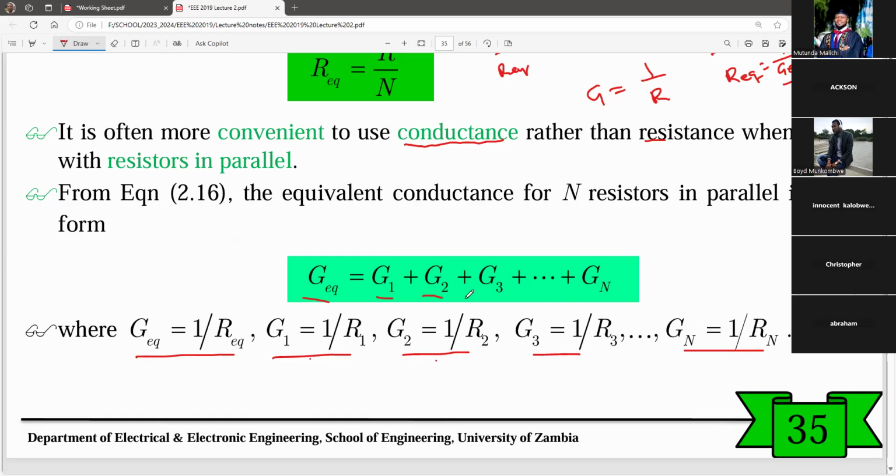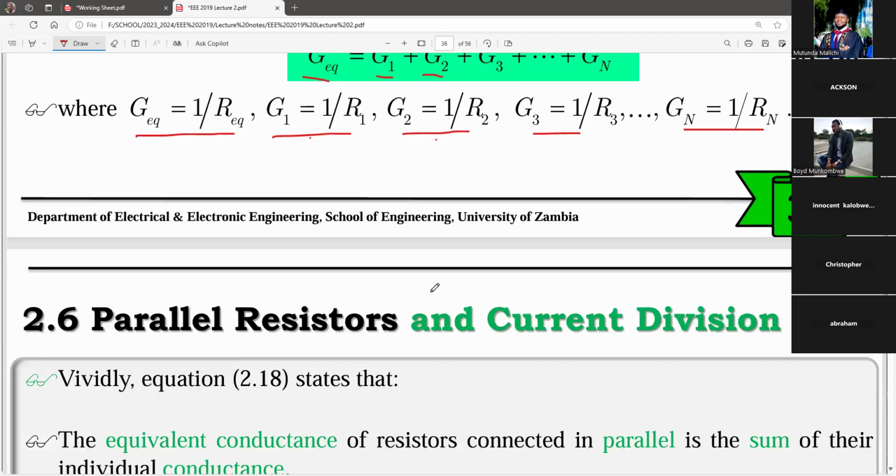Or sometimes someone might give you a circuit whose resistor values are actually in terms of conductance. So you shouldn't be confused, saying this is resistance and now I have 2S or whatever. No. At least you need to still remember the relationship between conductance and resistance.